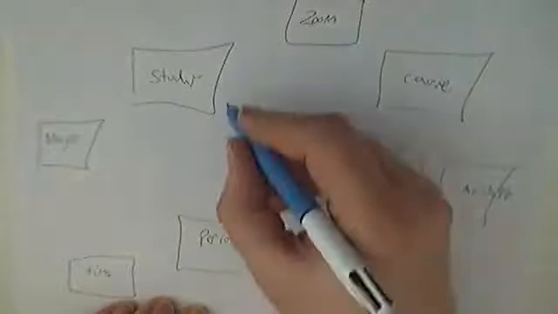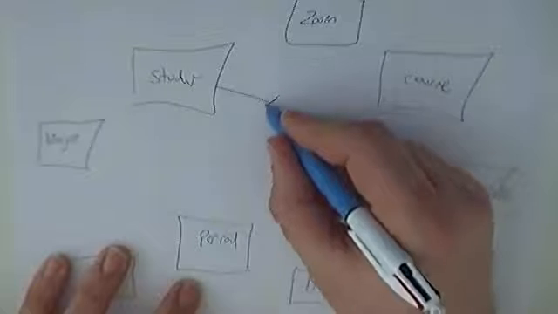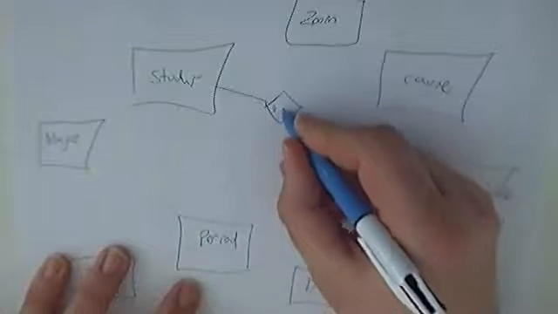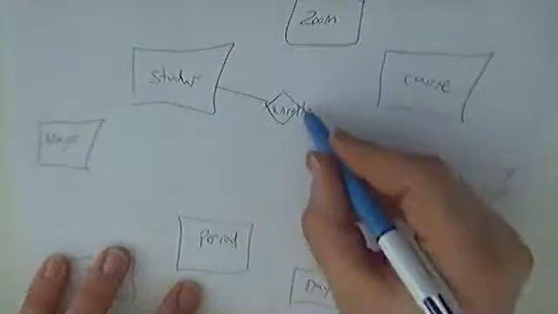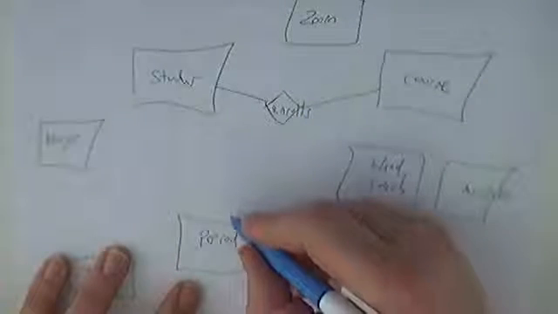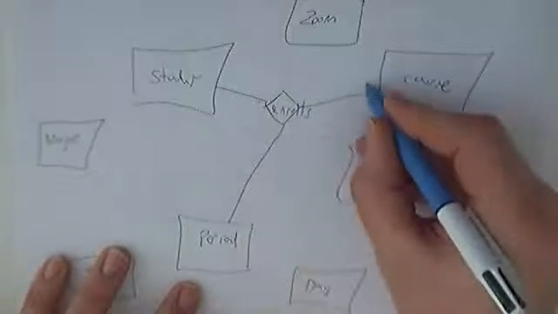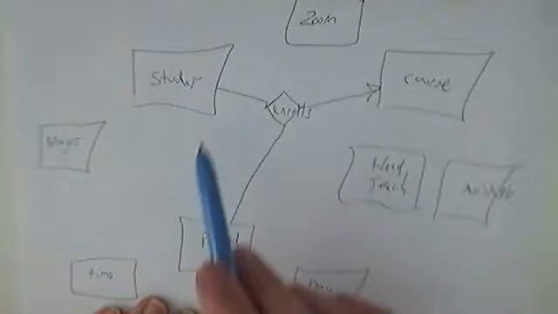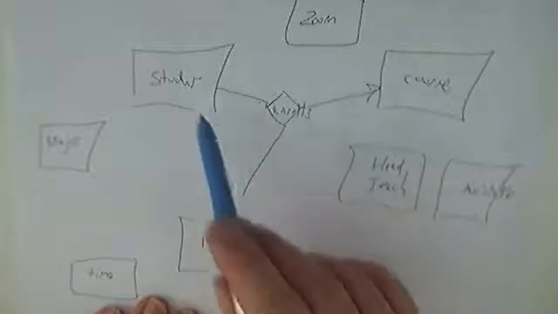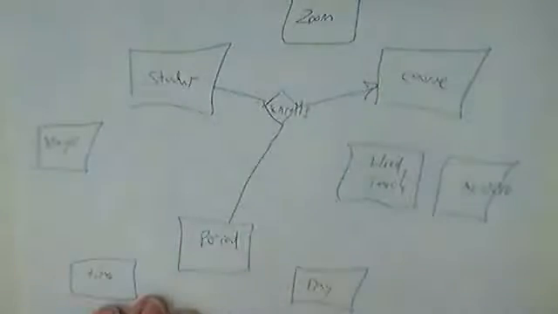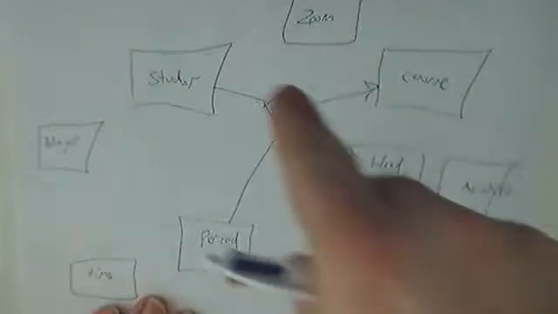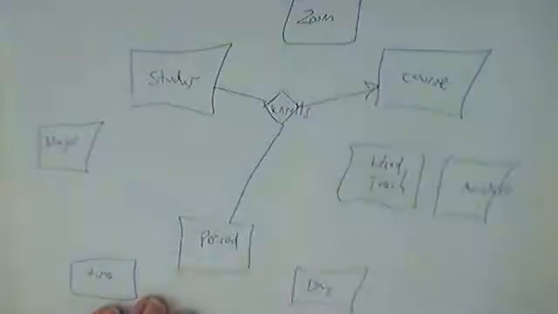Now we're going to start saying, okay, a student enrolls in a course on a period. This is a little bit of a funky way of doing it.